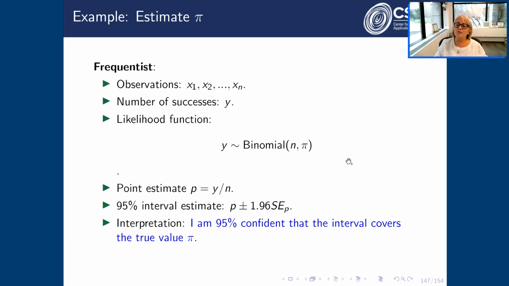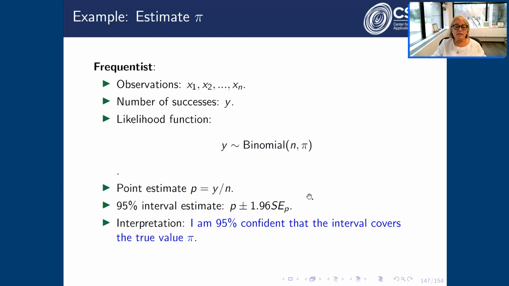And I know what to do if I'm a frequentist. I'm going to take the sample data and obtain a point estimate, a best guess for pi. My estimate for pi is just p, which is the number of positive cases divided by the sample size. That's very simple to compute.